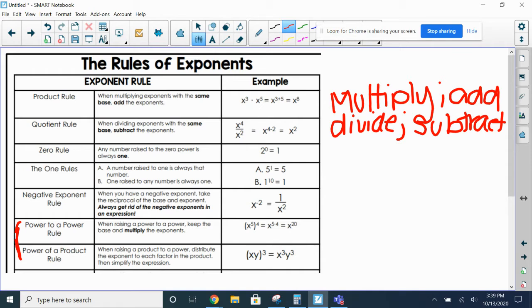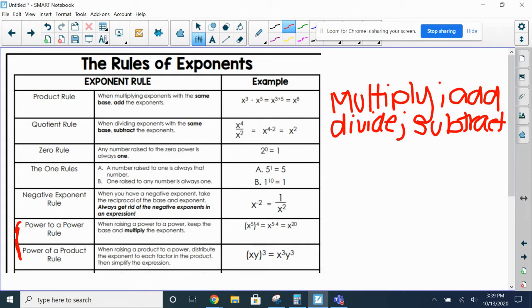Our negative exponent rule, we know that in order to change the sign of an exponent, if it's on the top, we move it to the bottom to switch the sign of that exponent. If it's on the bottom, we move it to the top to switch the sign. So when you have a negative exponent, take the reciprocal, move it to the top or the bottom. As long as you're moving it from where it was, from top to bottom or bottom to top, you're switching the sign.